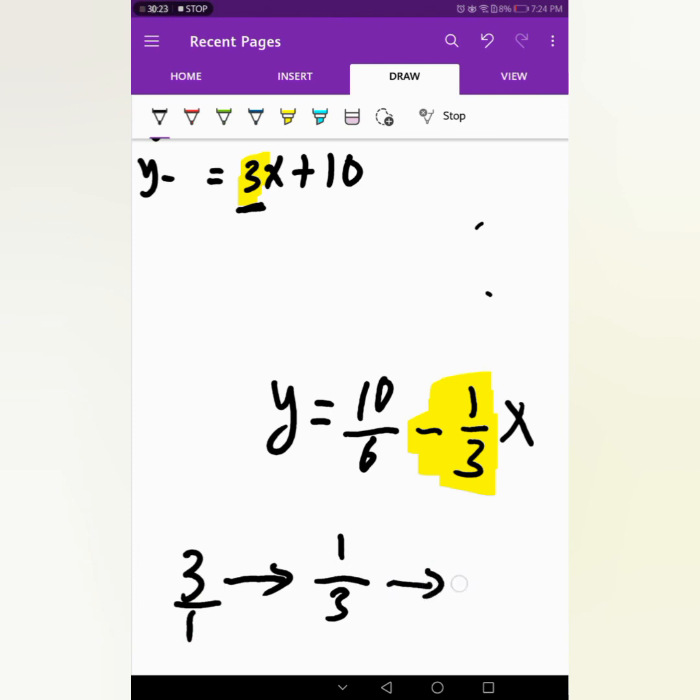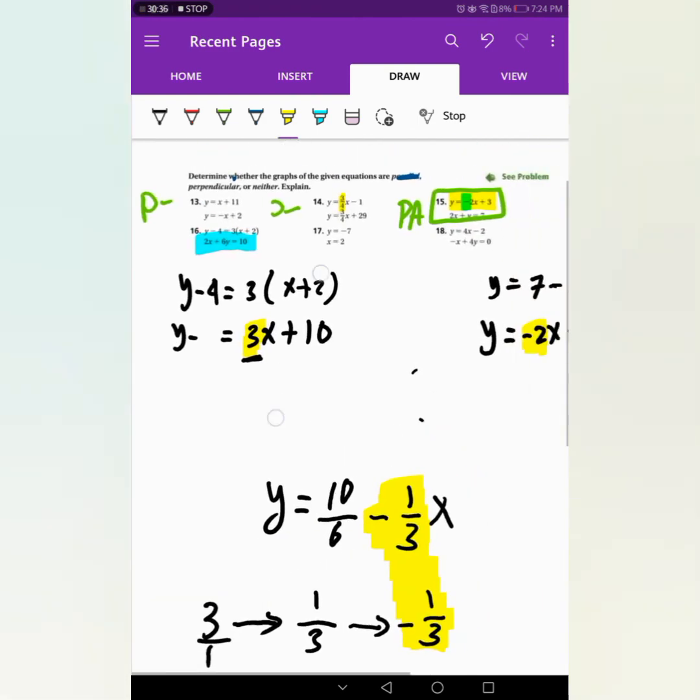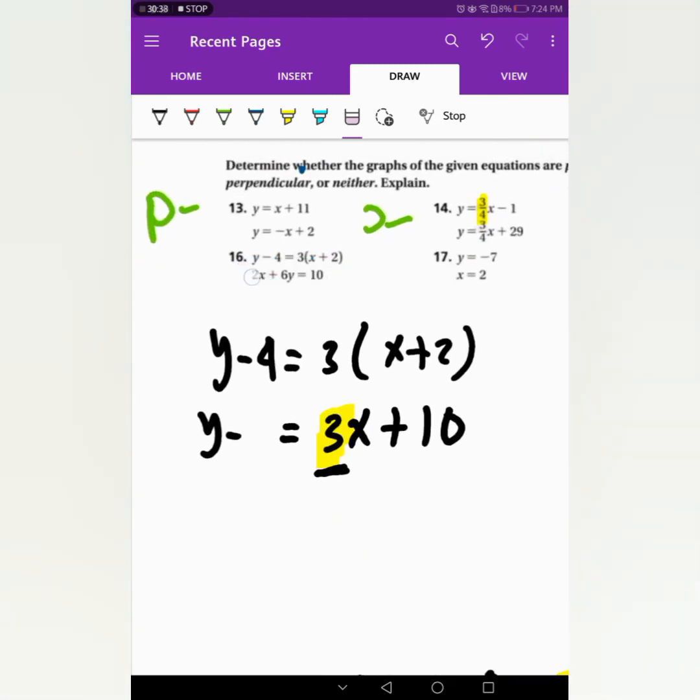Then change the sign, it will be negative 1 over 3. As you see, it is the same slope as in the second equation, so you can say in 16 they are perpendicular. Okay, my dear student.